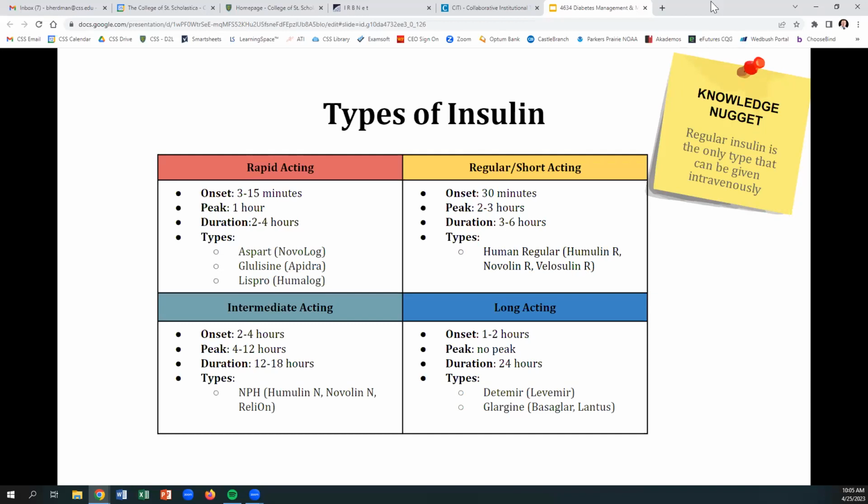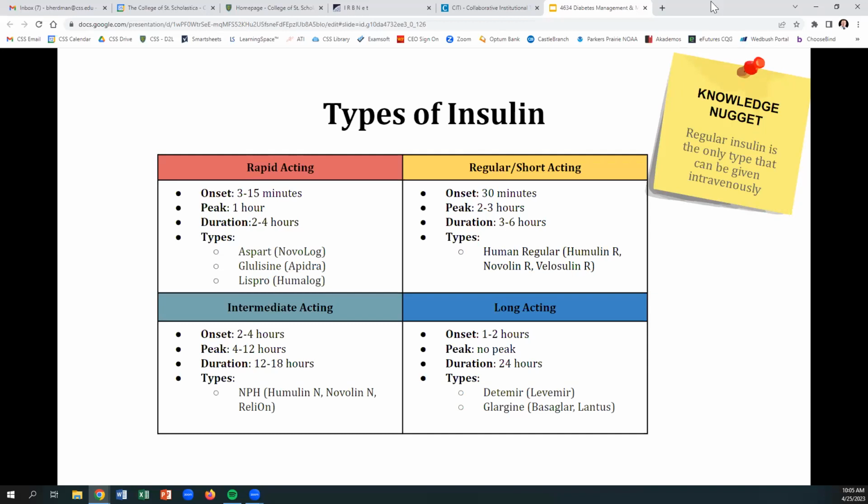And so one key thing to remember with the long-acting insulin is long-acting insulin is prescribed as a standing order, or as a set dose, a fixed dose. And I'm going to talk a little bit about fixed dose insulin here in just a little bit.